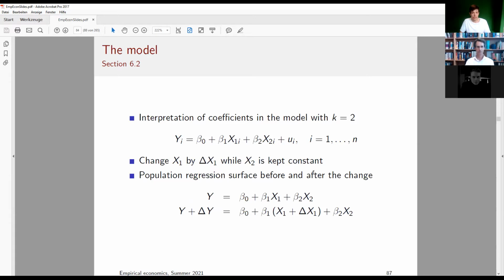As I just said, it's the change of y if we change x by 1 unit. So let's have a look at that mathematically. We change x1 in our model by delta x1. So we increase our class size by, for example, 2 students. We keep x2 constant. So the percentage share of English learners in that district needs to stay constant.